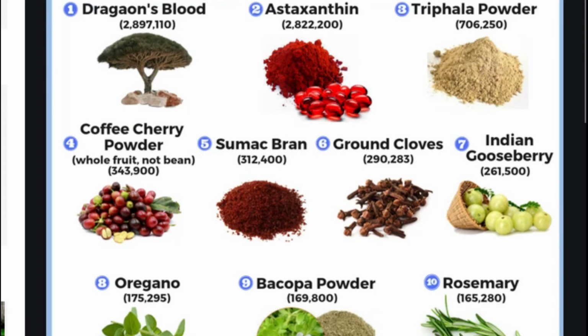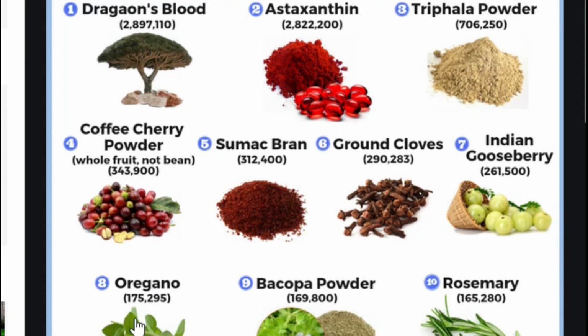Tool number 2 is going to be antioxidants. And these are some of the most powerful antioxidants in the world, but you don't have to use specifically each one of these. As you can see, oregano oil is on there. Actually, oregano, but oregano oil is from the Mediterranean.